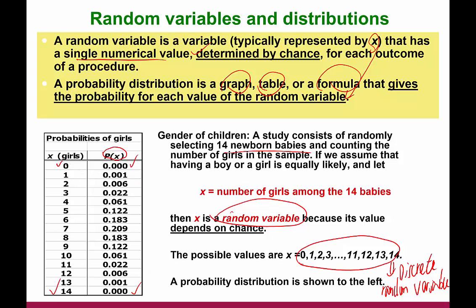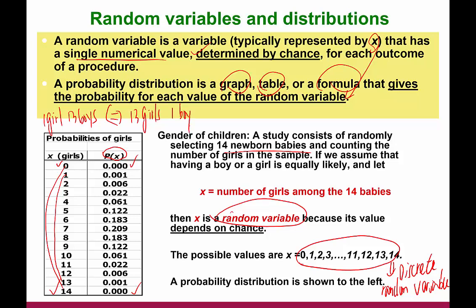And if you look at these numbers, they're symmetrical, right? 1 represents 13, they have the same probability. So let's say getting 1 girl, we need 13 boys, and getting 13 girls, they're equivalent: 13 girls, 1 boy.